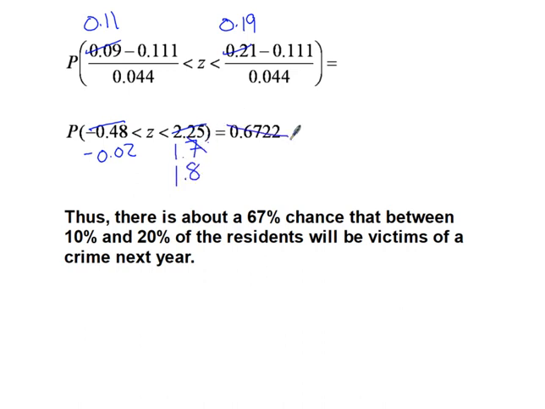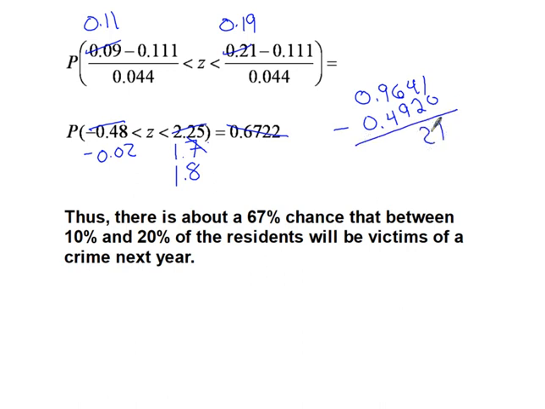Yeah. I'll find the areas between those two. 1.8 is going to give me an area of 0.9641. Negative 0.02 is 0.4920.